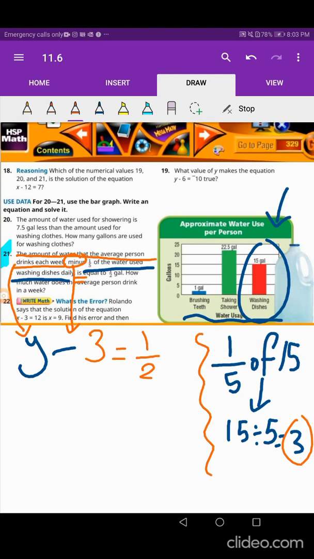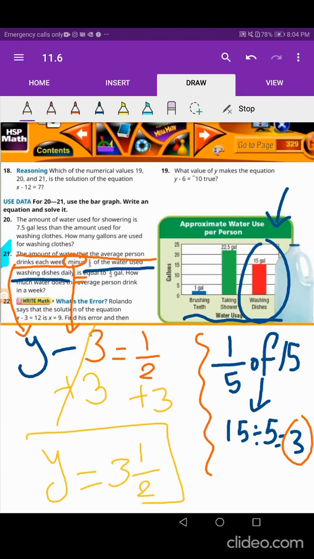We need to find the value of y. As we learned, I'm going to add 3 to this side and add 3 to this side to keep the y isolated. Negative 3, positive 3 will cancel each other. So I have left here y equals 3 whole plus half. It means 3.5. So it means that the average person drinks 3.5 gallons per week.